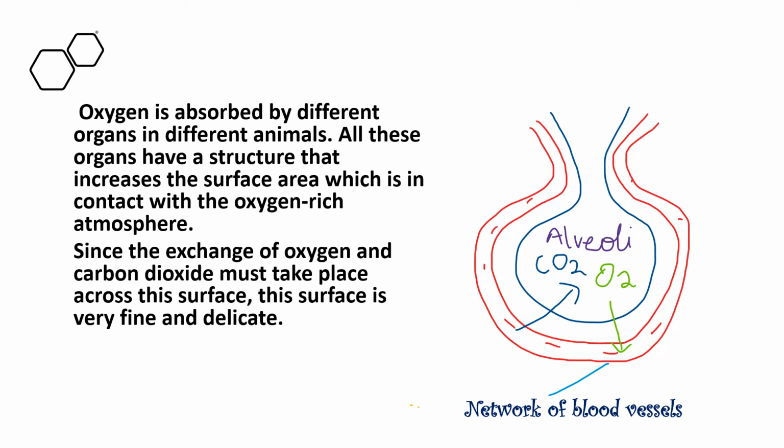Oxygen is absorbed by different organs in different animals. We know that earthworms use skin, insects have trachea and spiracles, and terrestrial animals have lungs. So what is the condition of the surface where the exchange of gases takes place? These surface areas are always in contact with the oxygen-rich atmosphere, and the exchange of oxygen and carbon dioxide takes place across them.